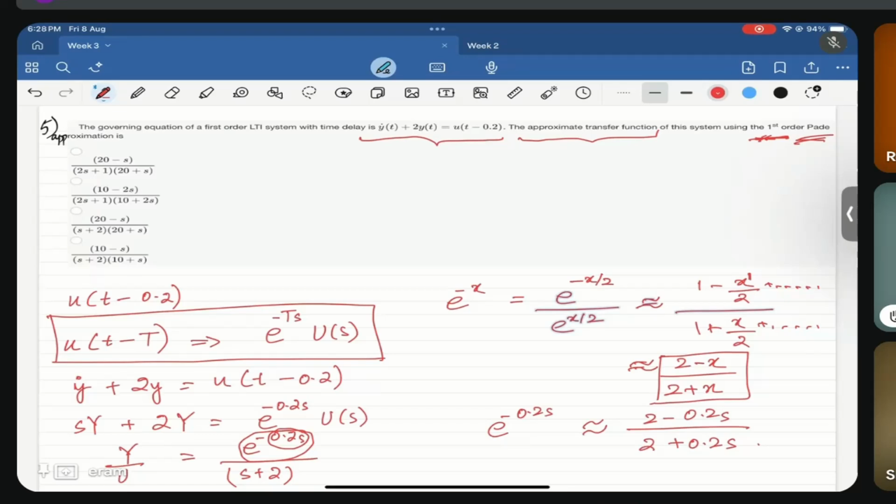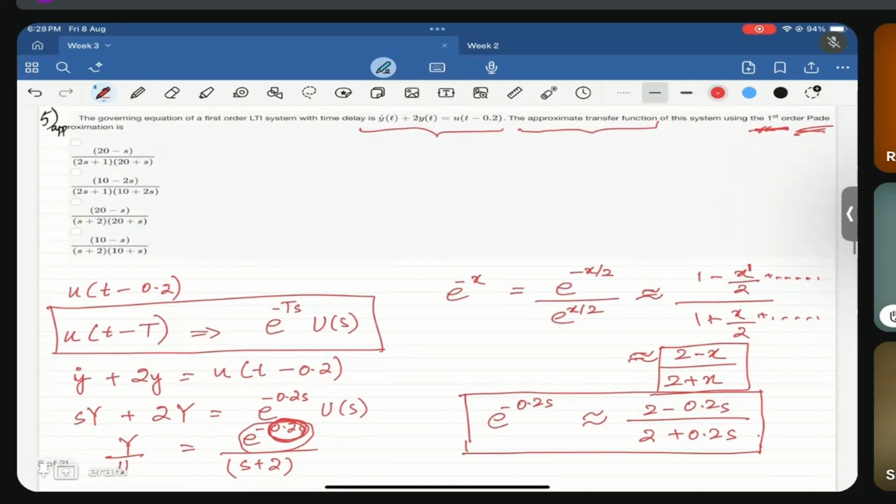Okay. So in any transfer function, if you have a delay, you can approximate the Laplace of that term as 2 minus x divided by 2 plus x, where x is nothing but this term. In this case, we have 0.2s, right? Now, for this question, can you calculate the transfer function?